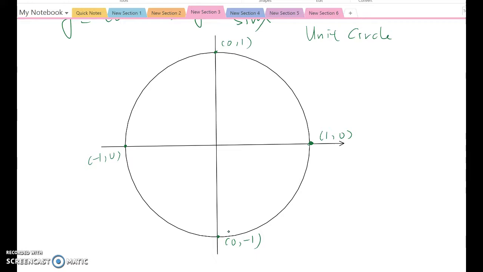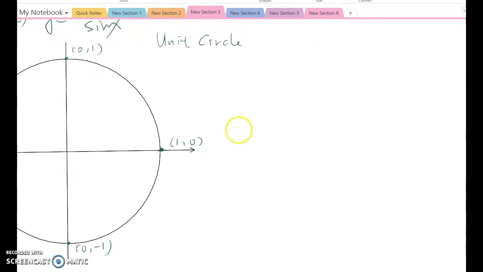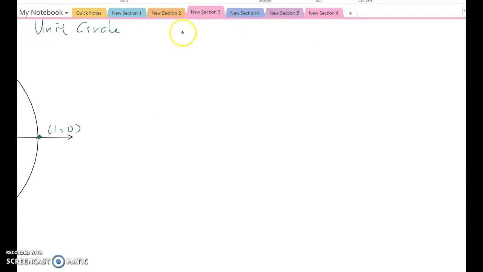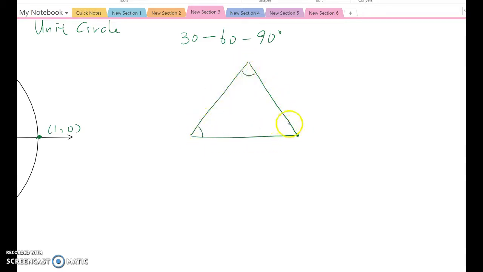Now, from geometry class, you have learned about two special triangles. One is the 30, 60, 90 triangle. So first of all, I'm gonna draw a regular triangle here. So 60, 60, and 60.